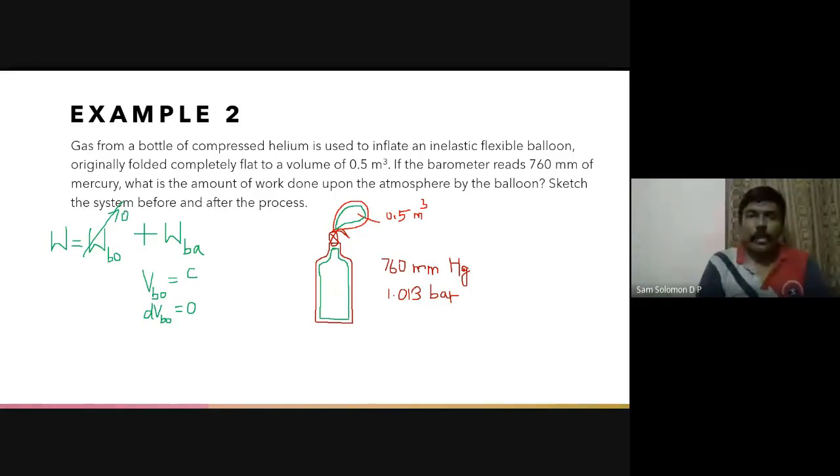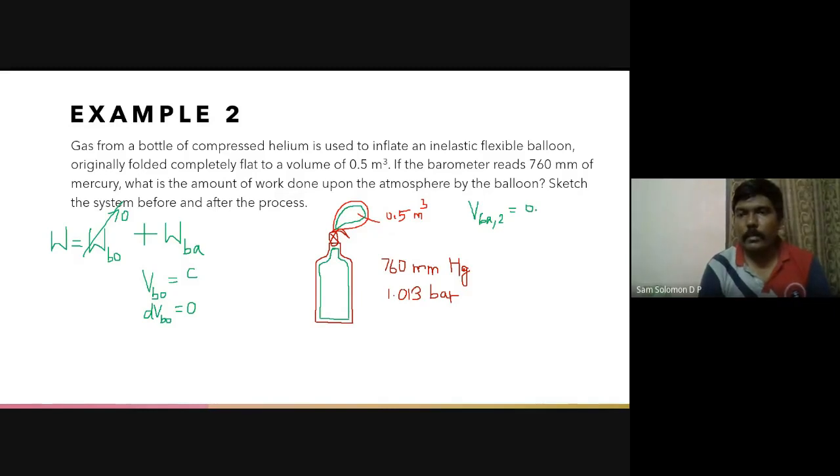Now what about the balloon? Initially the volume of the balloon was 0 and now the volume has increased. So V2 minus V1 is 0.5 minus 0. For your understanding I'm writing this: V_BA2 is the final state, so V_BA2 is 0.5 meter cube.